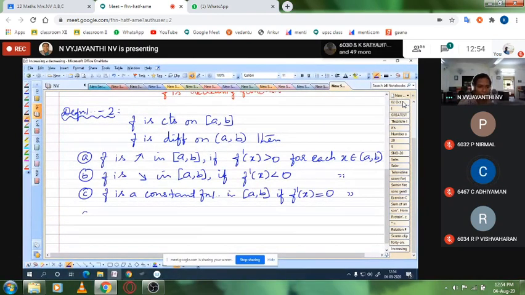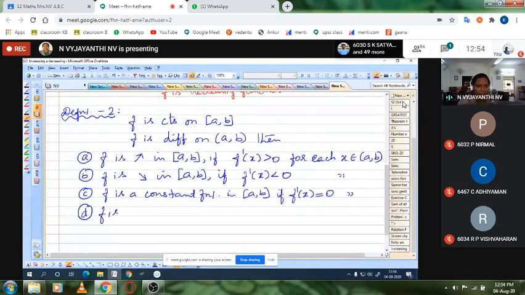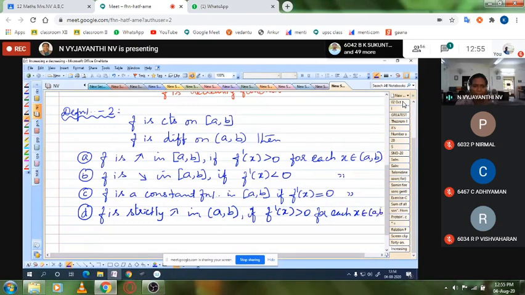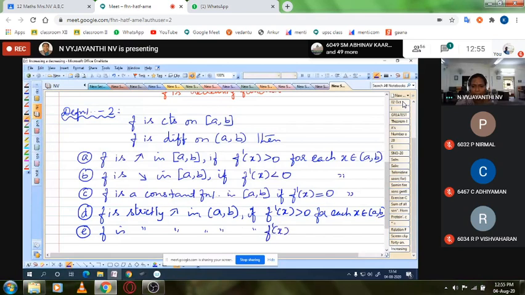Greater than 0. f is strictly increasing in the open interval, not considering the endpoints. If f dash of x is greater than 0 for each x belonging to the open interval a comma b, then it is strictly increasing. Similarly, f is strictly decreasing in the open interval a comma b if f dash of x is less than 0 for each x belonging to a comma b.